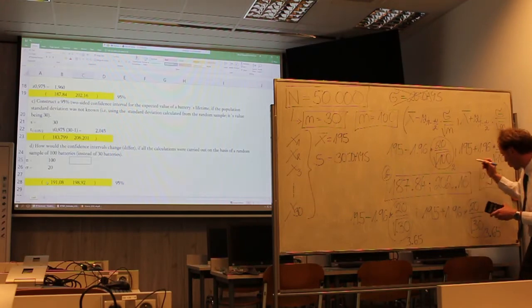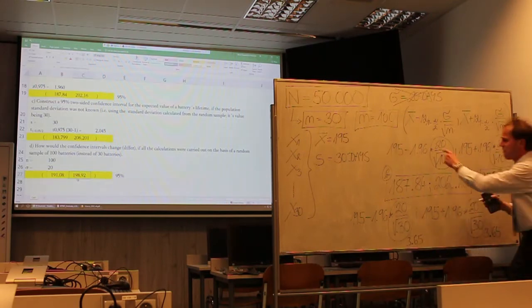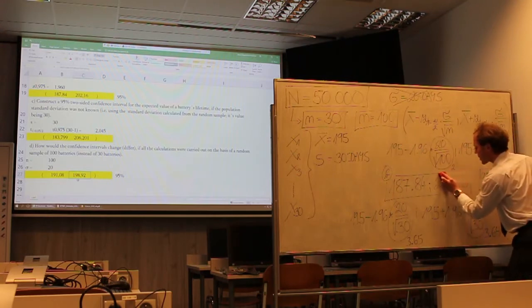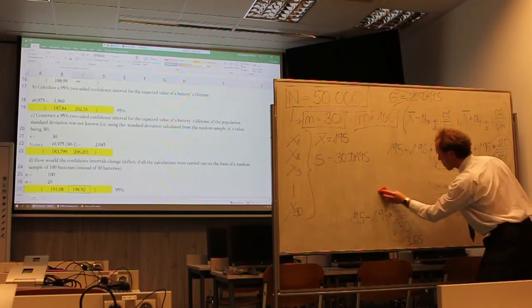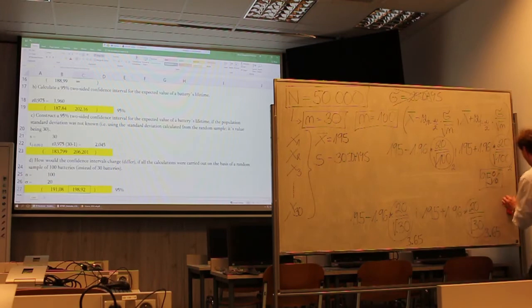So there is a lower number, the quantile times a lower number than before. What it means is that the confidence interval will be tinier than before.